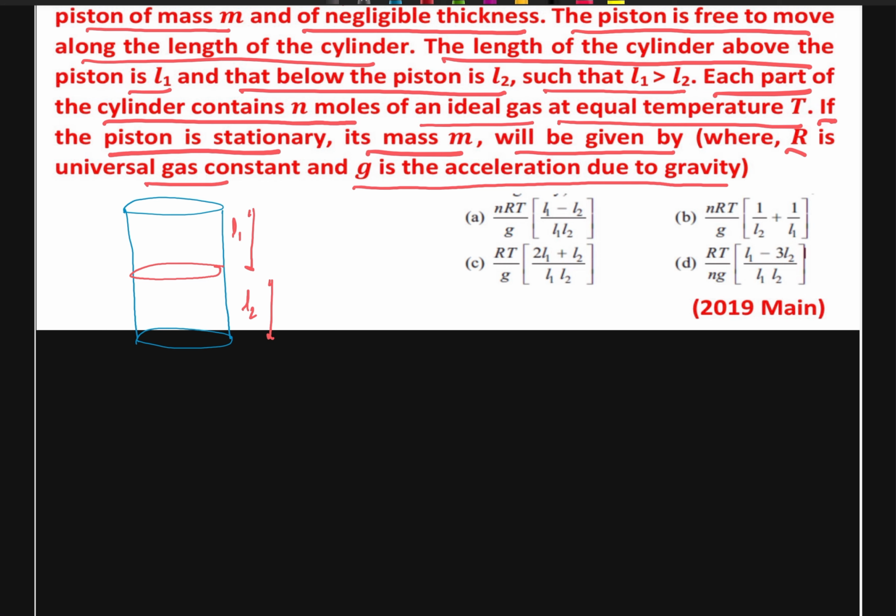Above we have n moles, temperature T, below also n moles, temperature T. And in the downward direction we have a force of mg because of the weight of the piston.